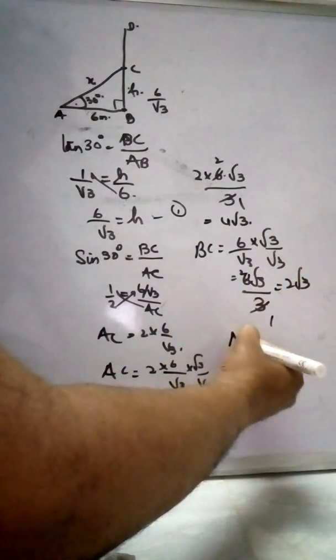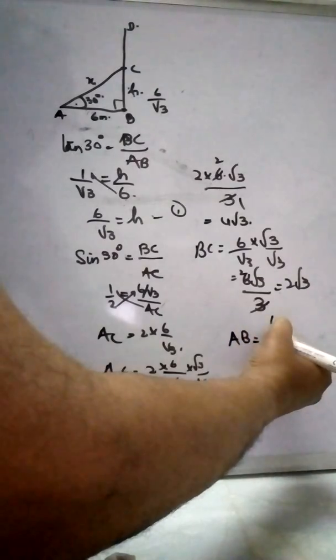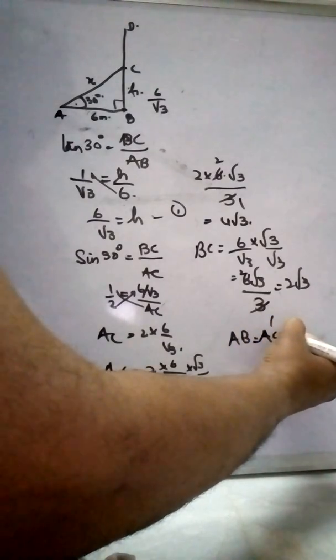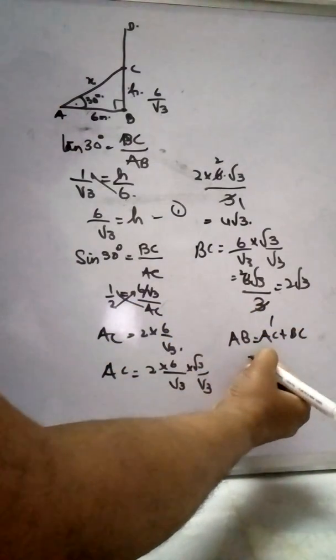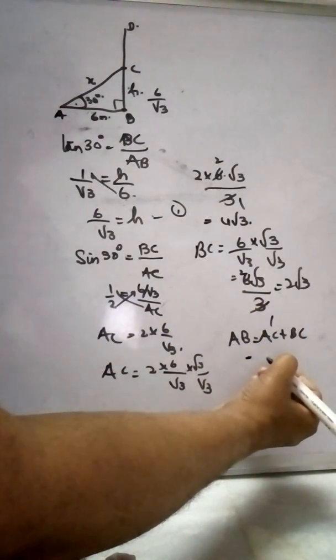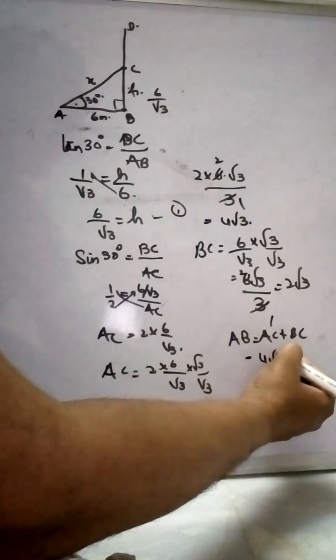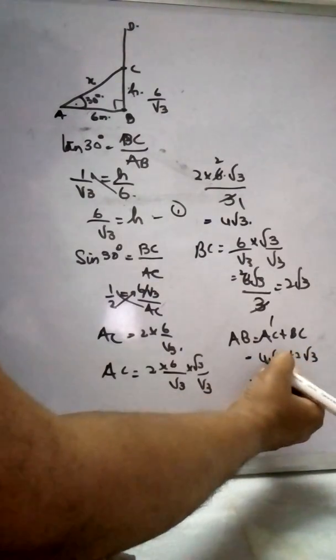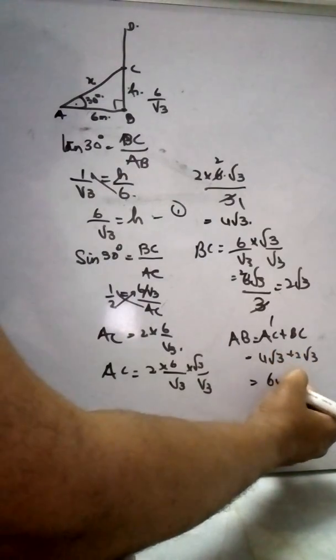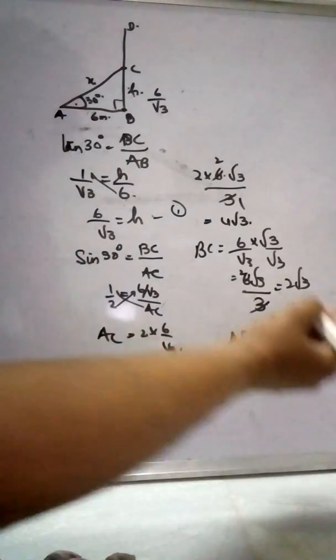Now AB will be equals to AC plus BC. Okay, that is AC I got as 4 root 3, less 2 root 3. If I take root 3 common, it will be 6 root 3.